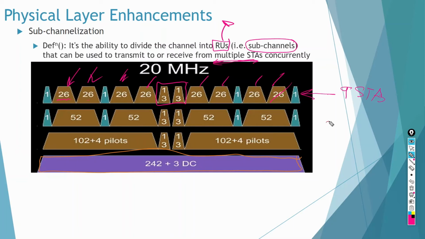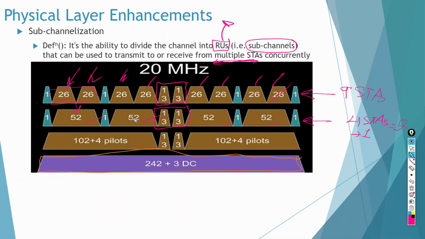If we go with this option, then, as we can see here, we can bond these two into one bigger RU. So I can use 1, 2, 3, 4 stations, plus the one in the middle can be used for another station, so a total of 5 stations.